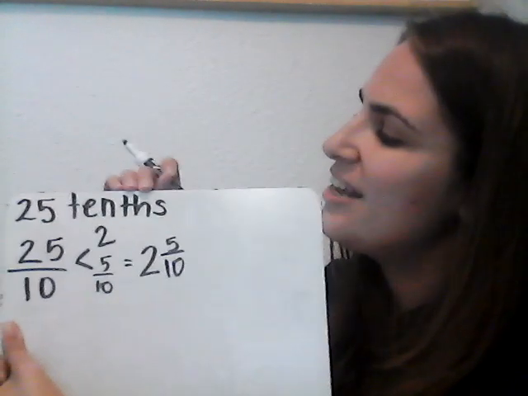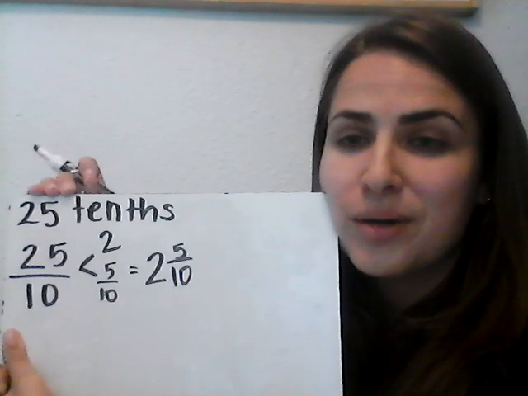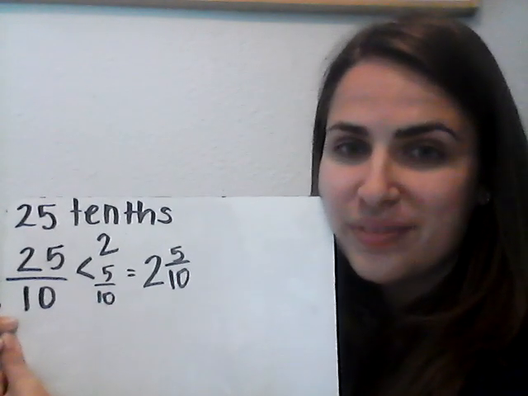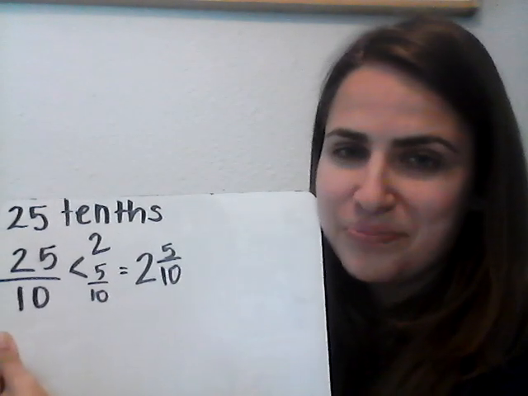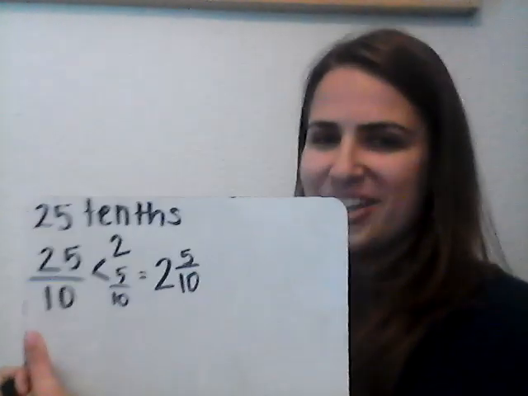Alrighty. So we can write 25 tenths in unit form. We can also write it as a fraction, whether it's an improper fraction or a mixed fraction. I want us to go to another way of representing this number. And I'm going to start off by asking you a question.